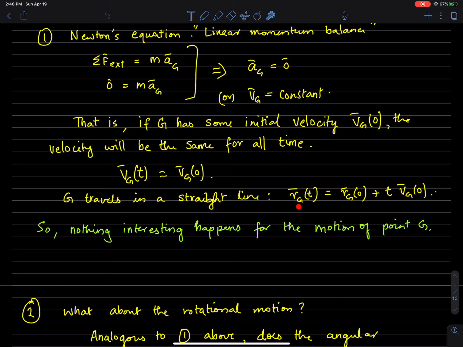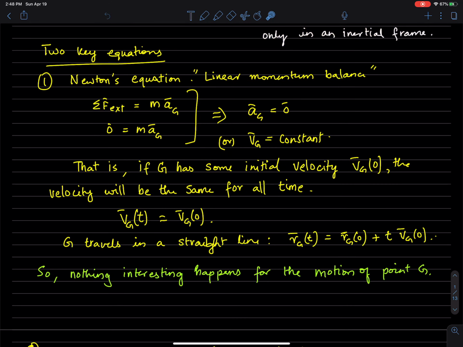So the position vector of the point G as a function of time is the initial value of the position vector plus t times V_G at t equal to 0. That's the linear motion of the point G.